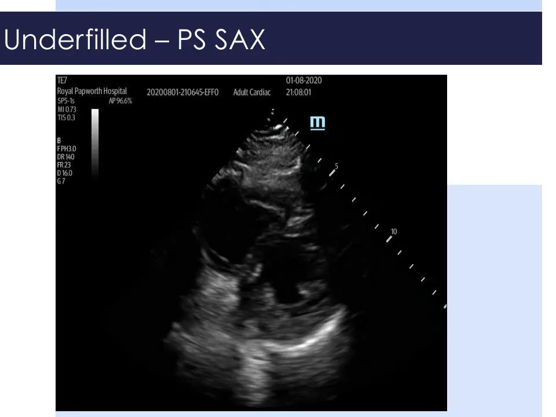While it could be easy to recognize a pump failure, a left ventricular dysfunction, versus an underfilled patient, sometimes it's more difficult to recognize an underfilled left ventricle, a hypovolemic patient, compared to a vasodilated patient.